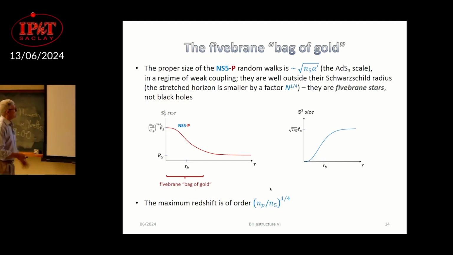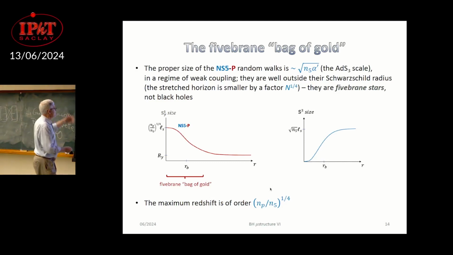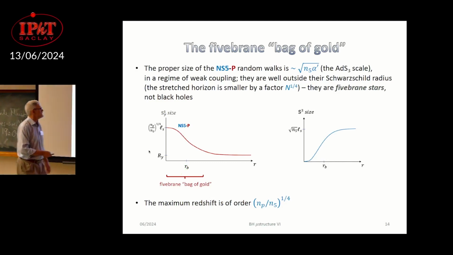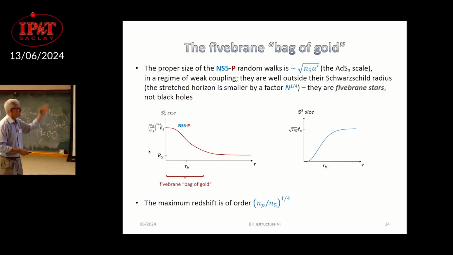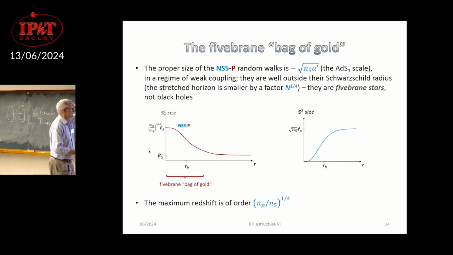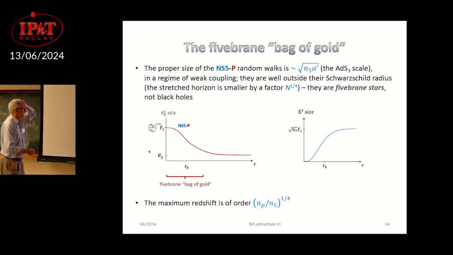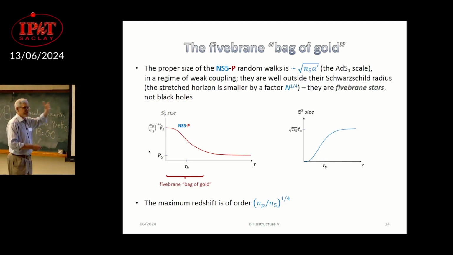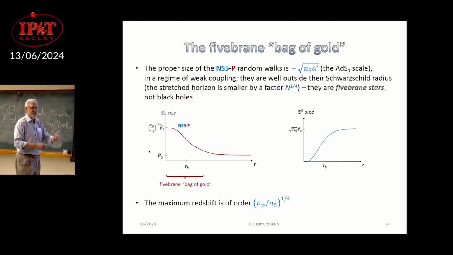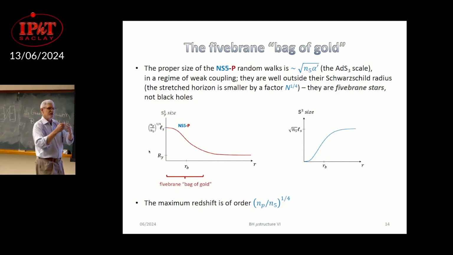Okay, but I should say, this whole thing, this bag of gold, this scale R sub b, was something that was confusing to Alday, de Boer, and Messamah. They kept wondering, well, we were told that these things were fuzzballs, and that we count the fuzzballs by putting some kind of stretched horizon around them, and the area of that stretched horizon should be counting the number of fuzzballs.